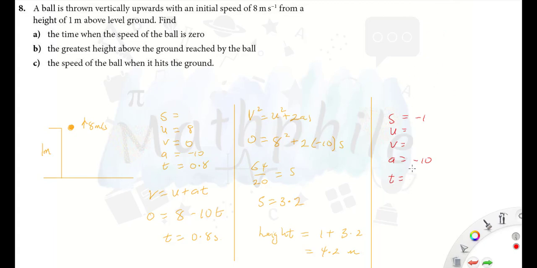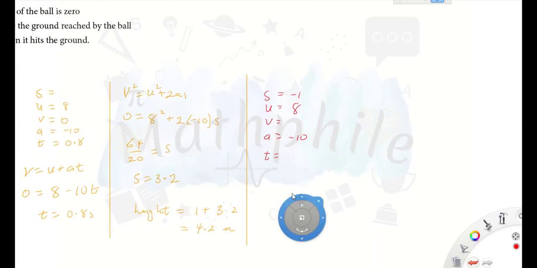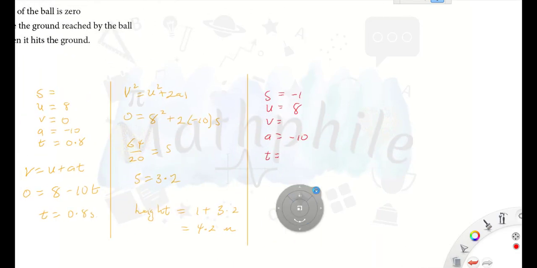Okay, so the velocity was projected as 8, so we can use these three values to find v. Using v squared equals u squared plus 2as, you should be able to find it. So with this one, v squared is equal to u squared plus 2as.